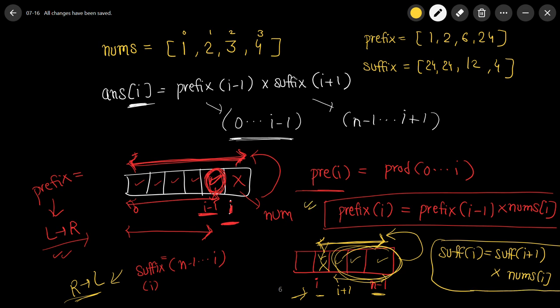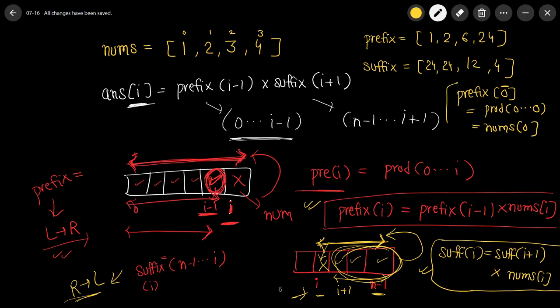So this is for prefix and this is for suffix. So I hope this is clear. So we would be doing this only. And also prefix of 0: what is prefix of I? It's nothing but product of 0 till I. But here I is also 0. That means 0 to 0, which is nothing but nums of 0 only.